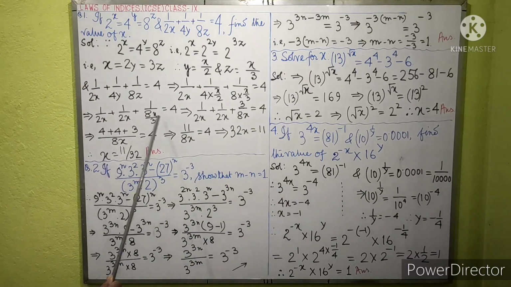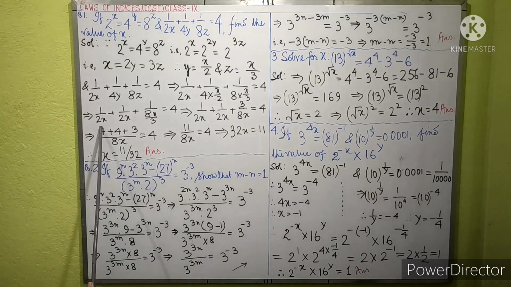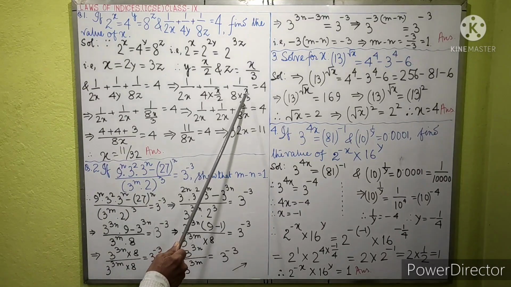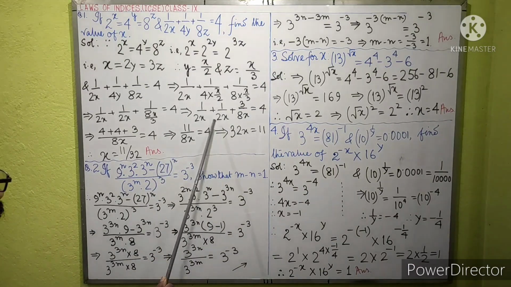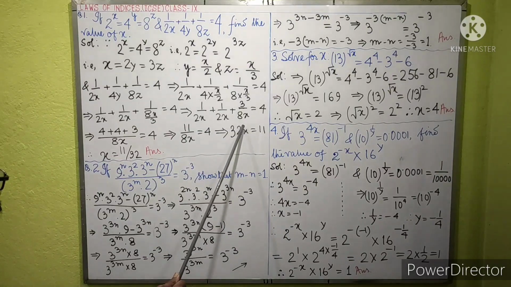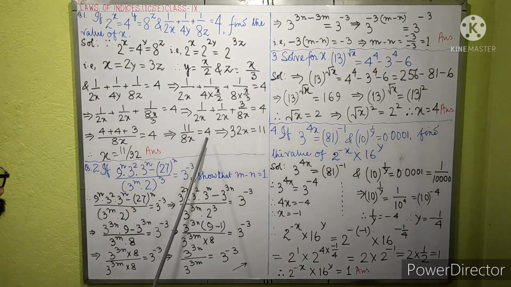Now the 2 will cancel out and this will be 2x again. So 1 by 2x plus 1 by 2x plus 3 by 8x equals 4. Now the LCM of 2x and 8x is 8x, and adding this we are getting 11 by 8x equals 4.